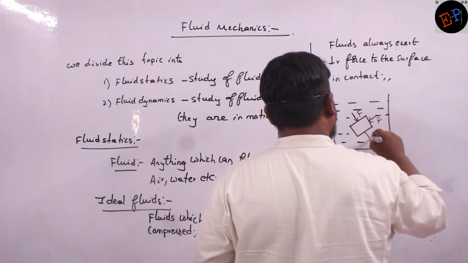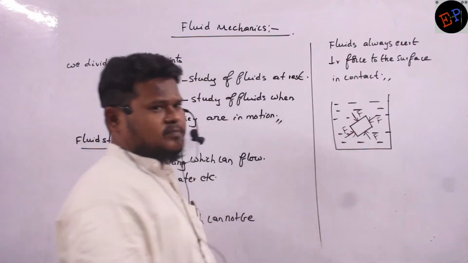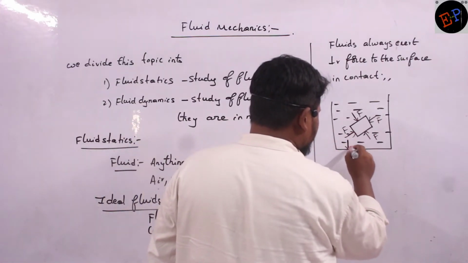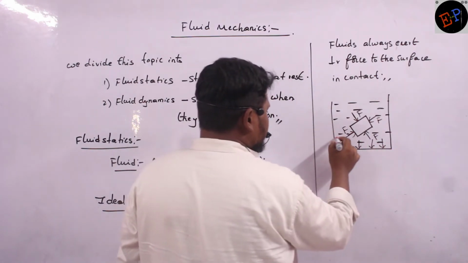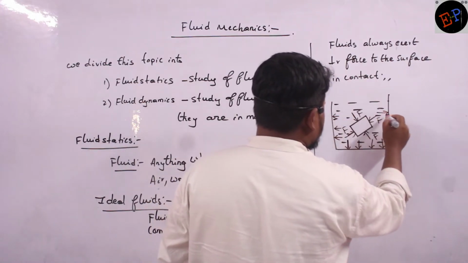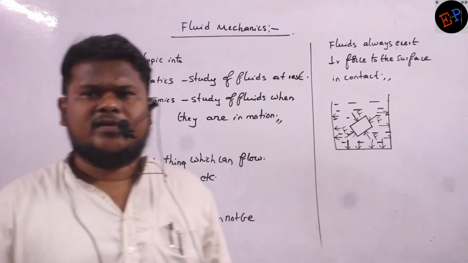So always perpendicular to the surface in contact. Similarly, on the bottom of this tank, force is applied in this particular direction. Similarly, on the sides of this tank, force is applied in this particular direction. So force is always applied perpendicular to the surface in contact.